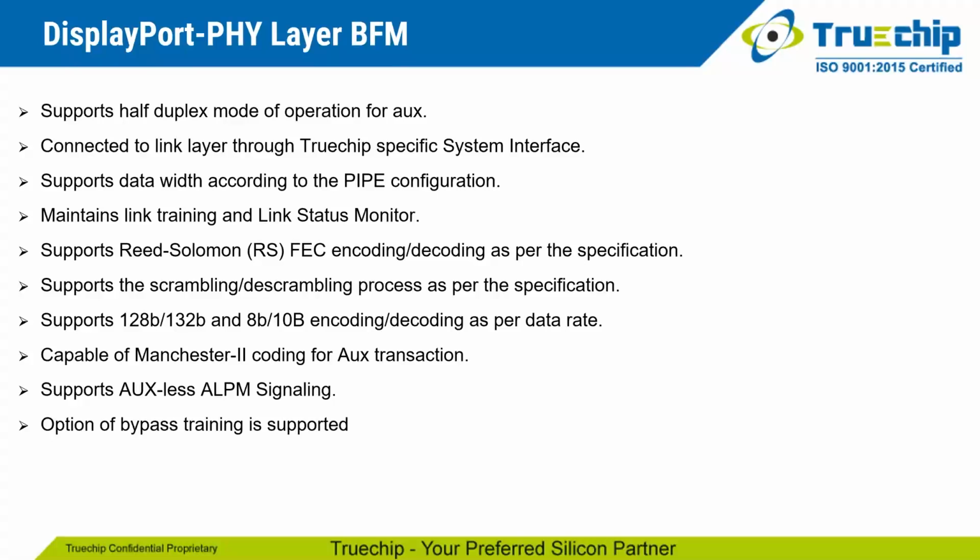Supports the scrambling, descrambling process as per the specification. Supports 128-bit and 132-bit and 8-bit and 10-bit encoding and decoding as per the data rate. Capable of Manchester 2 coding for aux transaction. Supports auxless ALPM signaling. Option of bypass training is also supported.